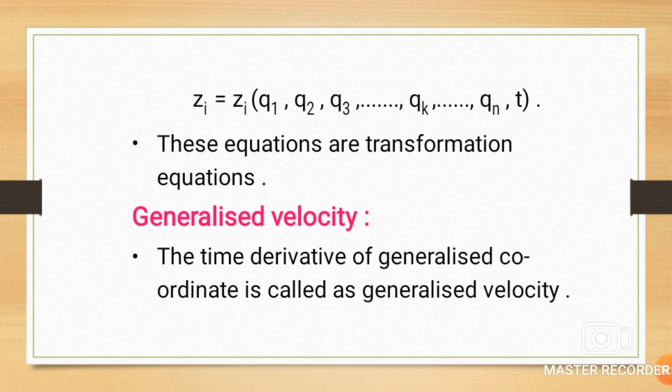If we denote the generalized velocity by q dot, q dot is nothing but dq by dt. The time derivative of q is denoted by q dot. So this is the generalized velocity.